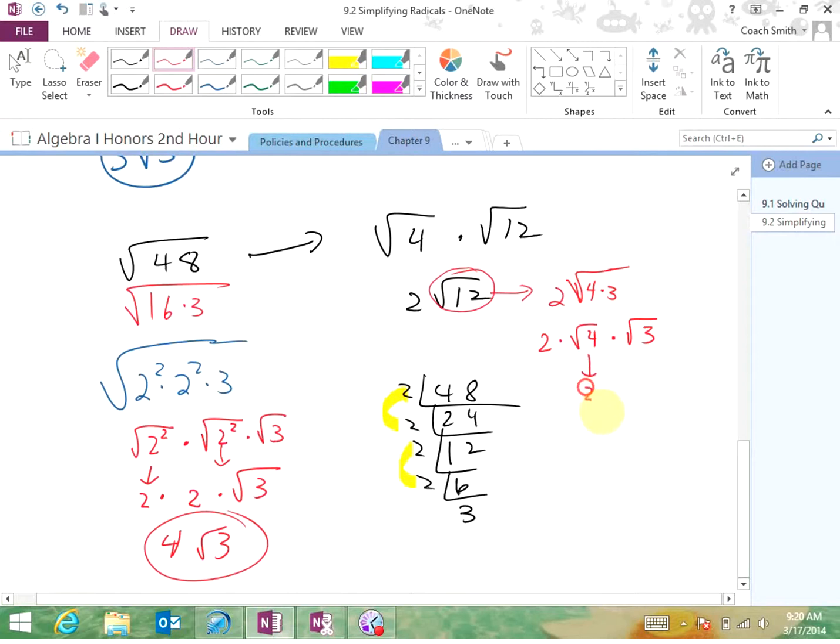Square root of 4 is 2, so that's 2 times square root of 3, which is 4 times square root of 3. Okay, so either way, any of those ways, you're going to come up with the correct answer. Okay, some people can see it real easily, some people can't. So the easier way to do it then is to always prime factor it.